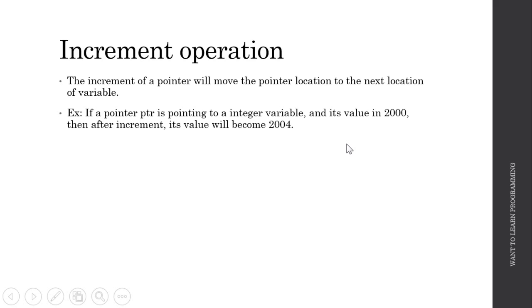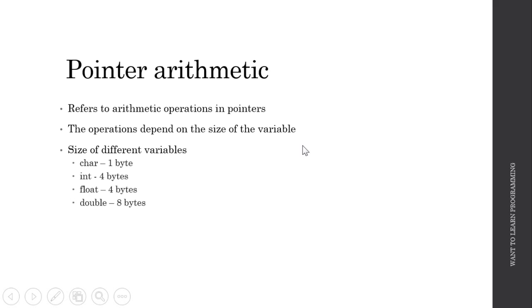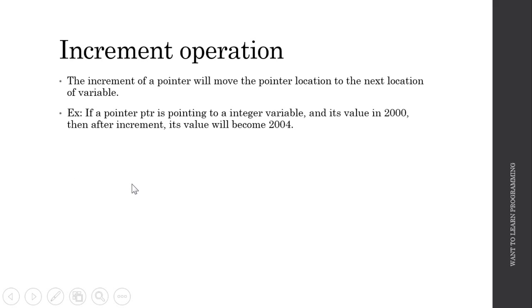For example, if a pointer ptr is pointing to an integer variable and its value is 2000, that is the location of variable integer is 2000, then after increment its value will become 2004, because as we saw the size of integer is 4 bytes, then the increment operator on the pointer will not increase the size from 2000 to 2001, but it will move to the next location, that is 2004.